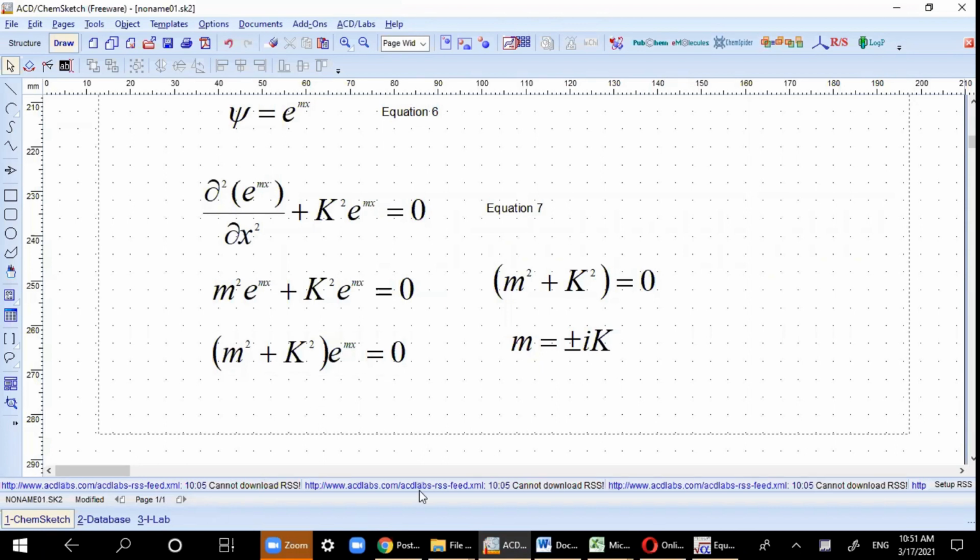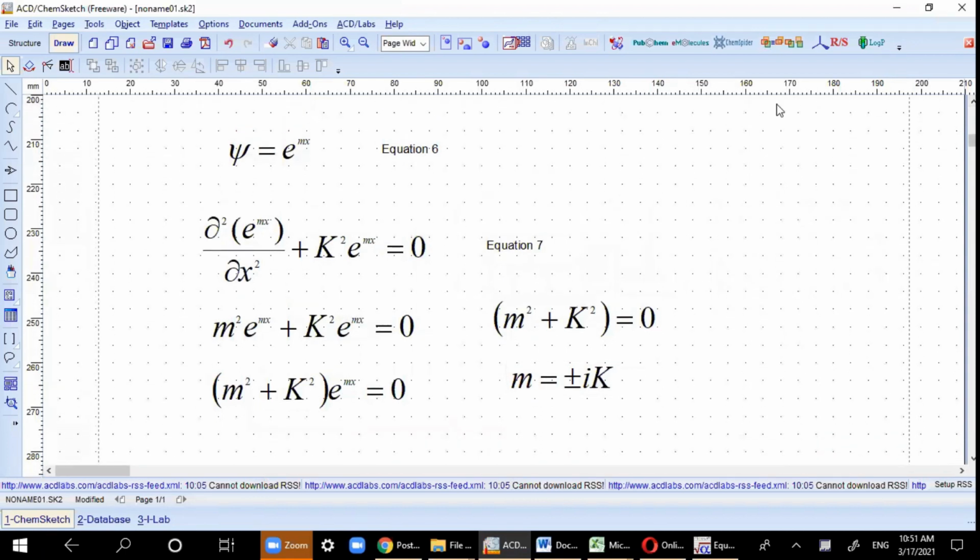Now we substitute this m value in psi equal to e power mx.